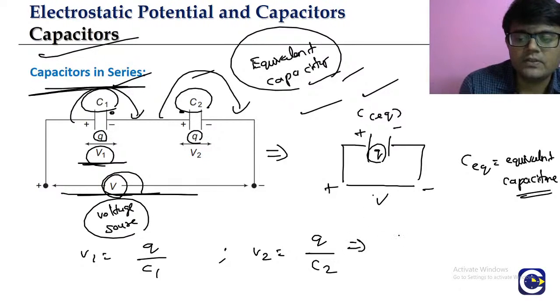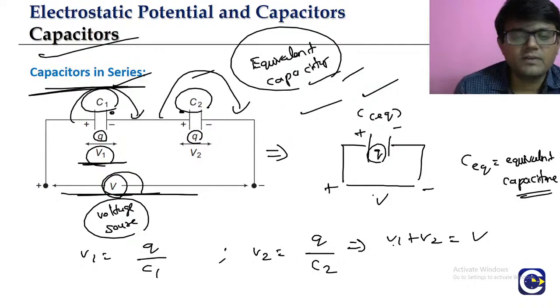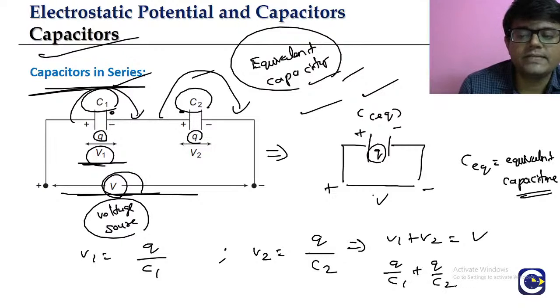So V1 plus V2 is equal to V. V1 plus V2 means Q by C1 plus Q by C2.